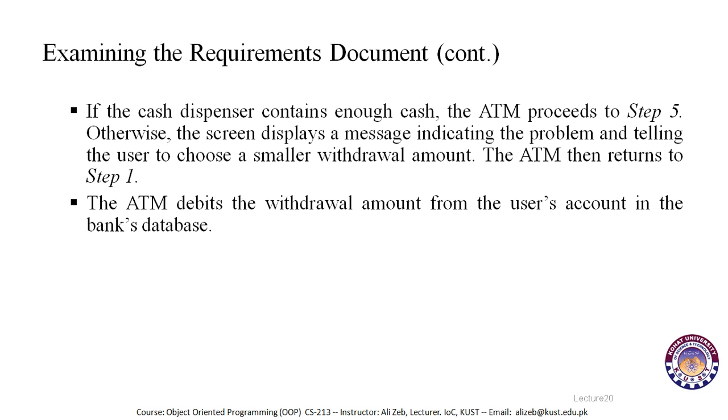The ATM debits the withdrawal amount from the user's account in the bank's database. Now debiting simply means subtracting the amount from the user's account. That is an accounting term, and it simply means deducting the amount from the user's account. Crediting would mean adding the amount to the user's account.